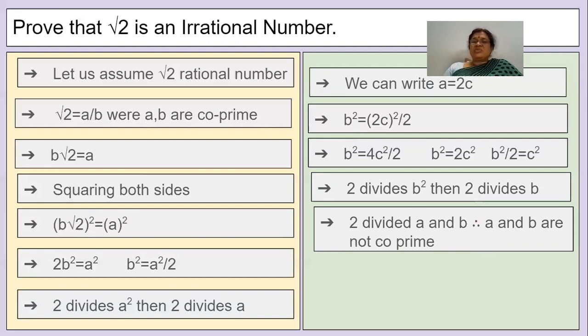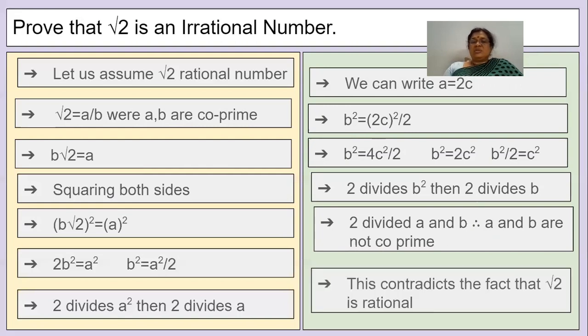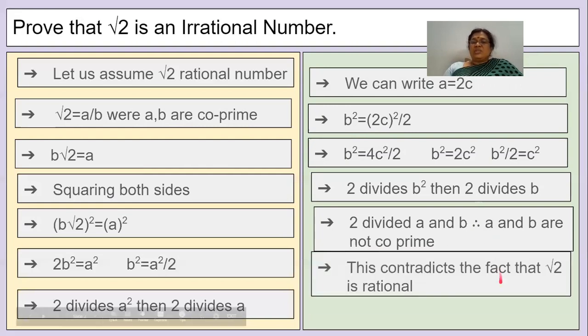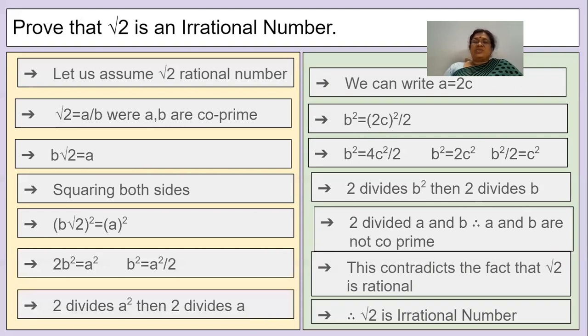What is the wrong assumption? Yes, the assumption we have taken that root 2 is a rational number is false. So this contradicts the fact that root 2 is a rational number. So root 2 is not a rational number. Root 2 is an irrational number.